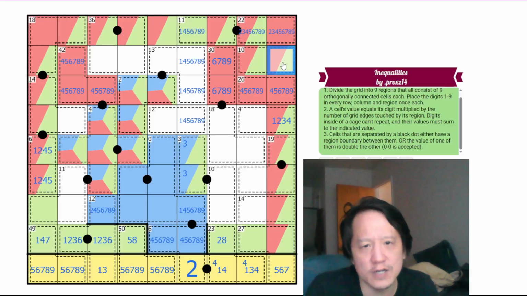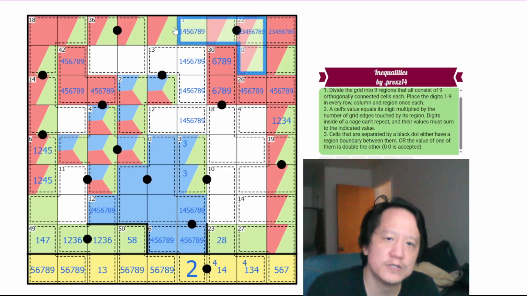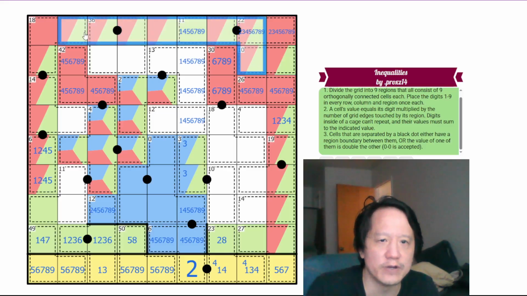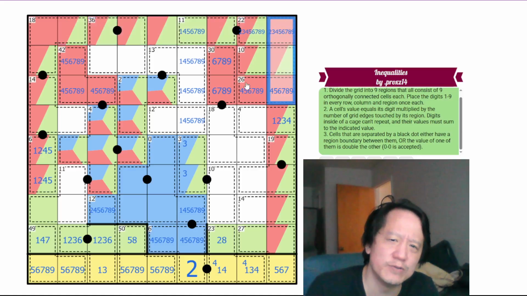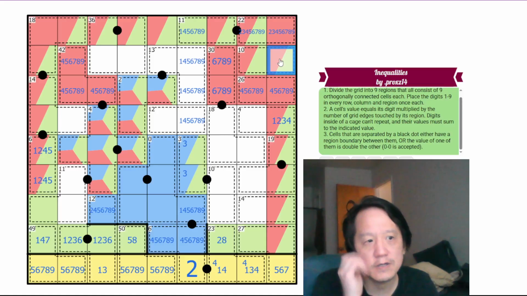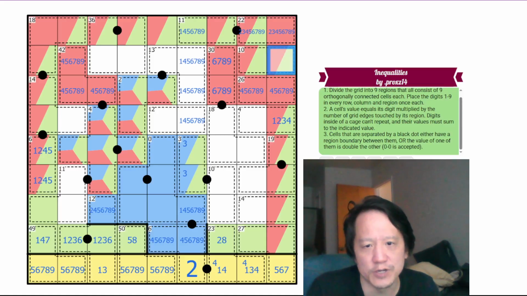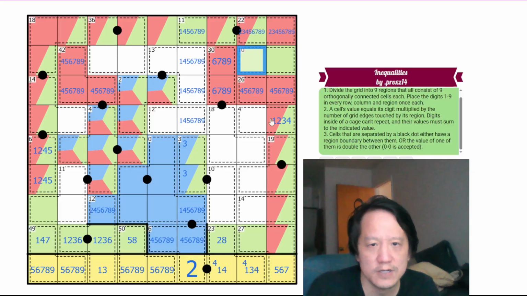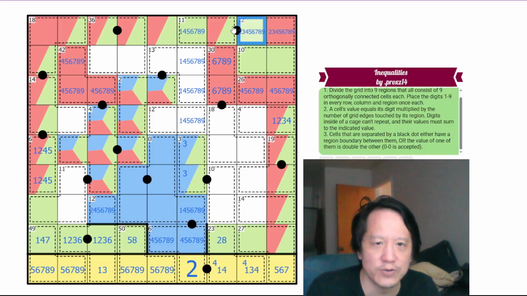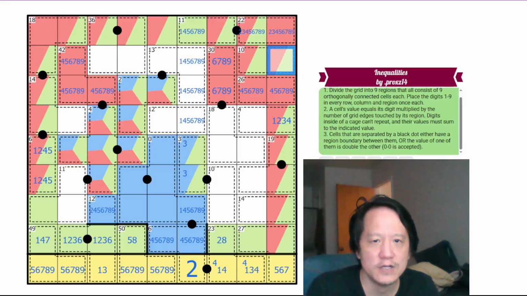Right? If we try to have green here, this has to go out green that way. I guess it could be... Okay, this has to be... If we try to have this as green, that doesn't work, because it has to go out green as a region, and then this doesn't form a region. So this is definitely red here.